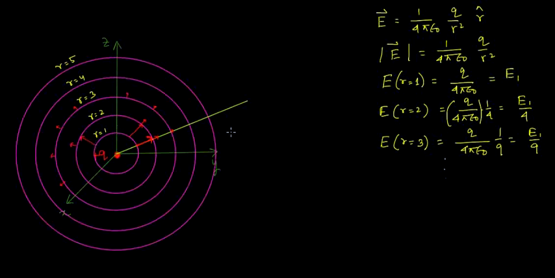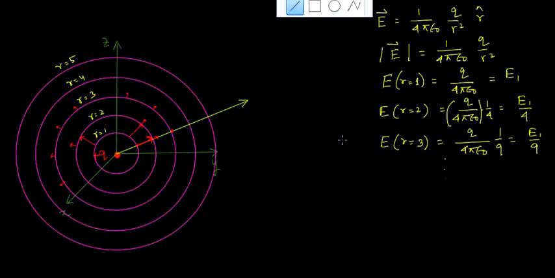So if we plot it along the radius, how will the electric field look? It will be a one dimensional plot because E is a function of r only.